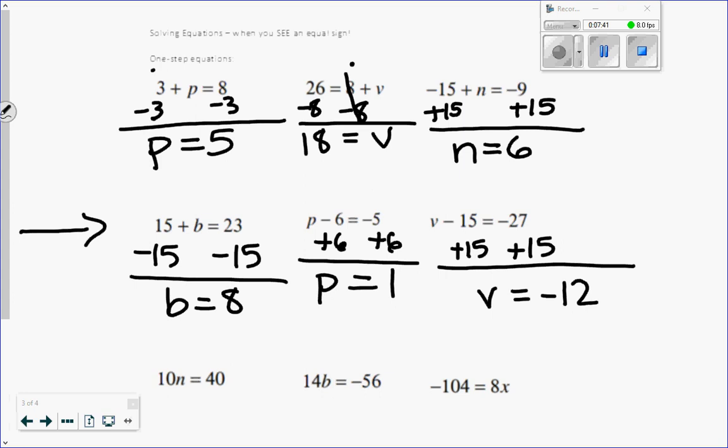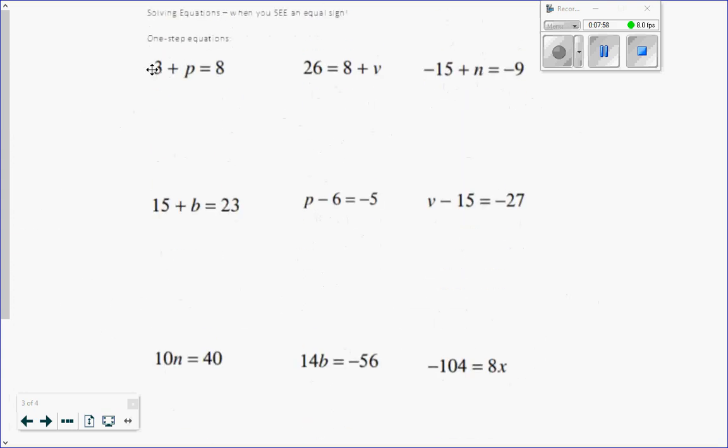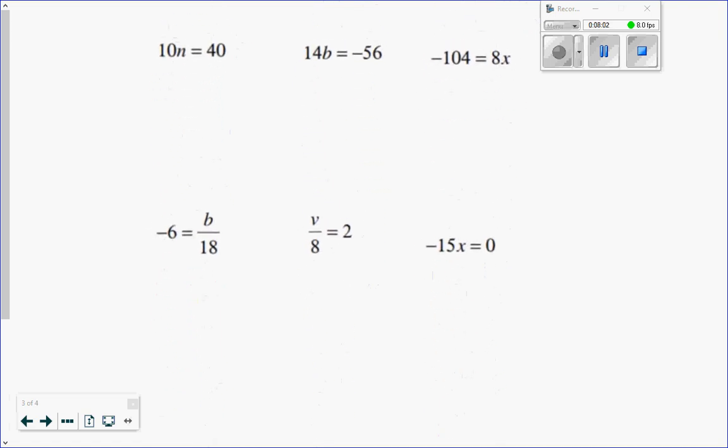And V equals negative 12. So I hope those went well. If not, we'll talk about them. Right now we're going to move on to the next part of the page. There's still one-step equations, but here's where we have multiplication and division.